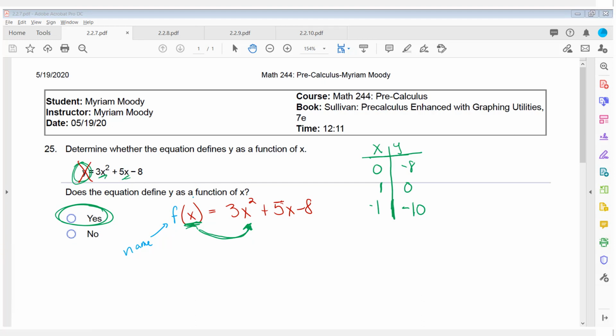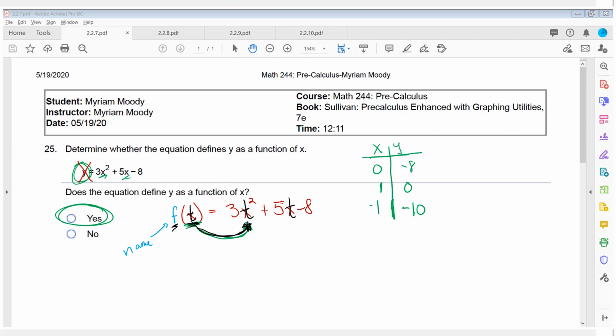Maybe instead of this saying f of x, maybe it said f of t, which means what would I have found on the other side of the equal to sign? Yeah, I would have found a bunch of t's. I would have found 3 times t squared plus 5 times t. Are you with me? So, f is the name of the function, or g or k, whatever they put there. And this variable in the parentheses tells me the variable I'm going to find on the other side of the equal to sign.